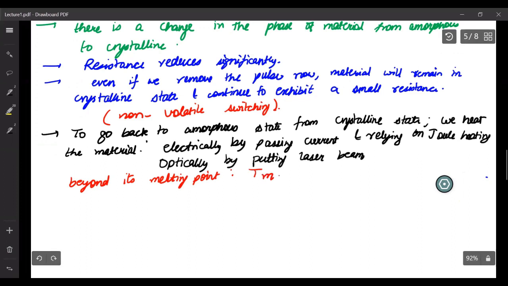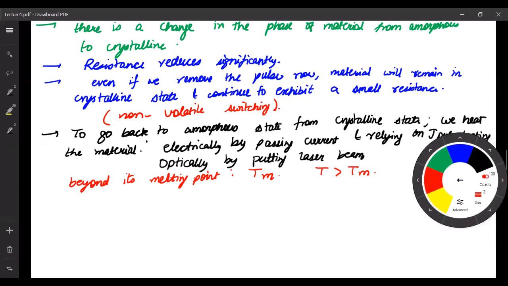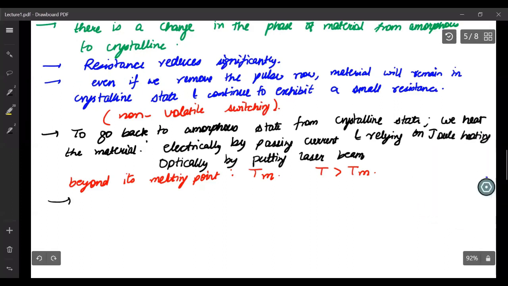So we heat it beyond this Tm, and then heating it above the melting point is not sufficient. Then what we do is, we cool it rapidly. If you cool it rapidly, the atoms won't find enough time to arrange themselves in a regular pattern. So you melt it and then you cool it rapidly.